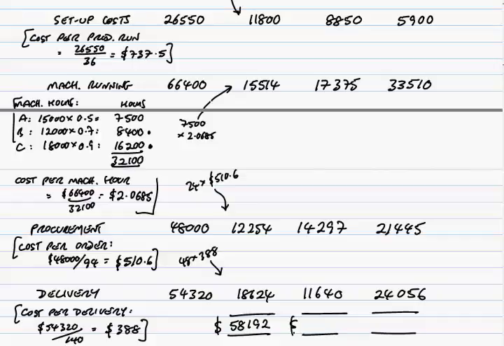To B, 8,850, 17,375, 14,297, 11,640 is 50,162. And C, 84,911.